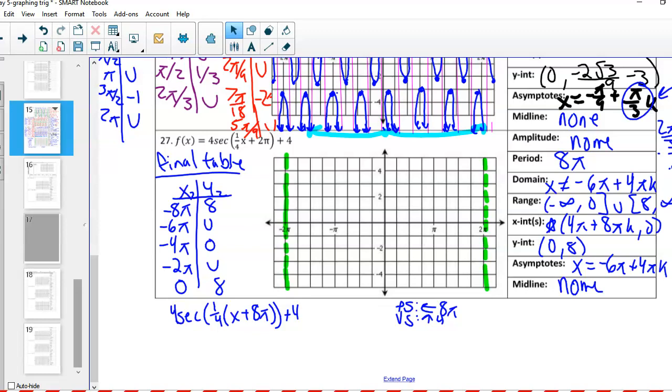So moving forward, if I count 4 pi, there would be another asymptote. Off the graph there would have been an x-intercept. You don't see that here. And then the characteristics are off to the side.